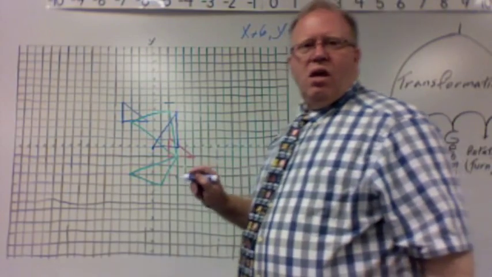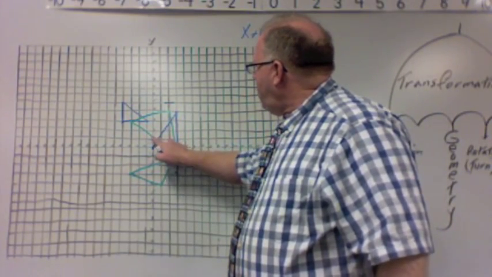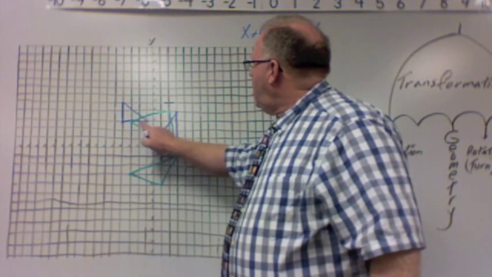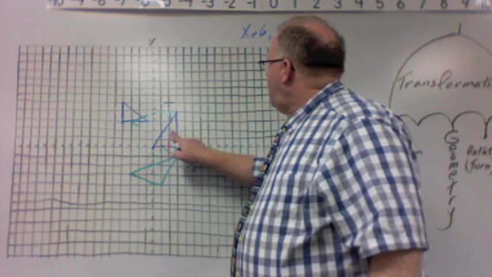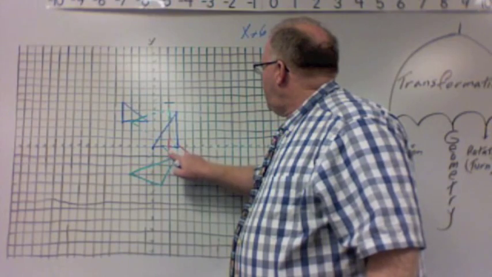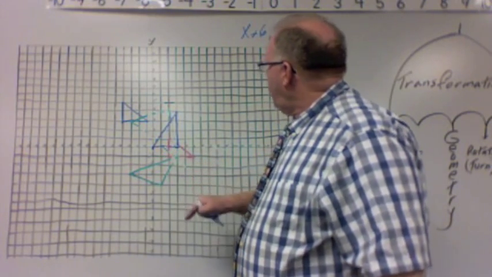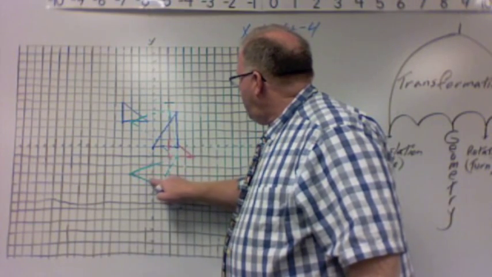Okay. So remember, we're working on this one. I know it's getting a little confusing. Let's see if I can clear it up a little bit here. Maybe we can see it better that way. Okay.